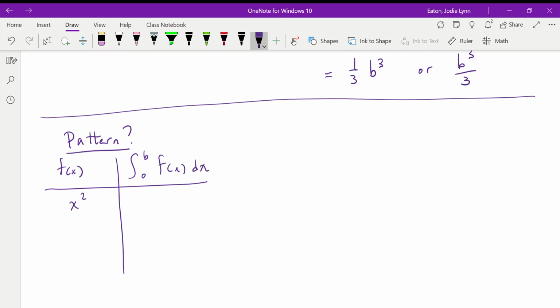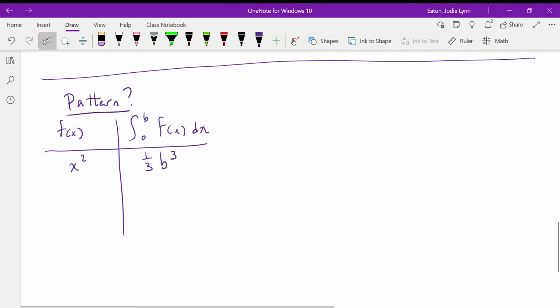X squared, we get 1/3 b cubed. X, 1/2 b squared. And that would be like an x to the 1. X to the 0, or 1, is just b. So we notice the power is going up by 1, and we're dividing by the new power.